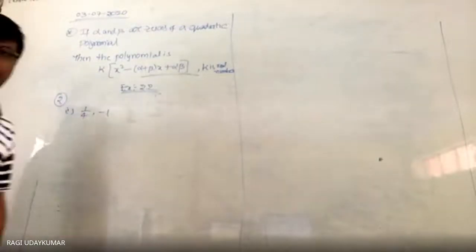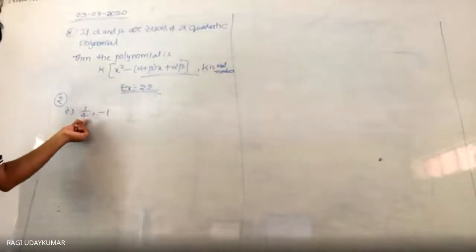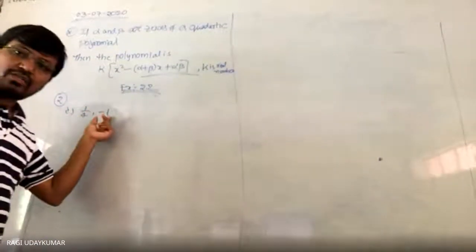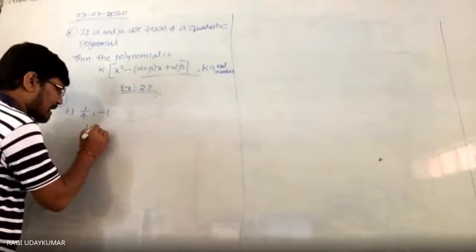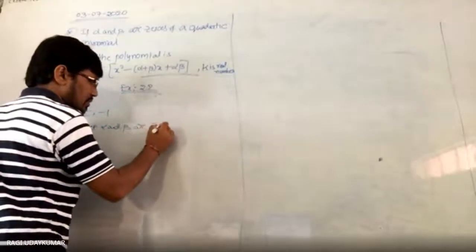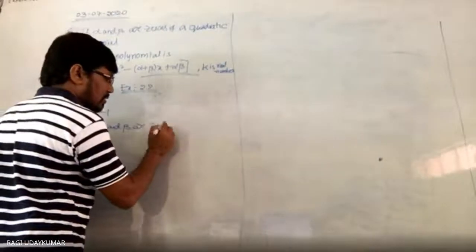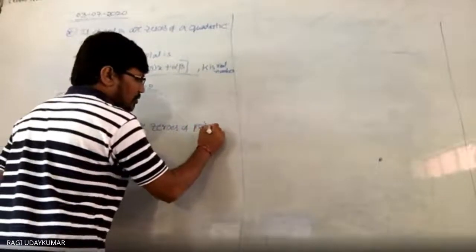1 by 4 comma minus 1. So 1 by 4 is the sum of the zeros and minus 1 is the product of the zeros. So before going to start, let alpha and beta be the zeros of the polynomial.